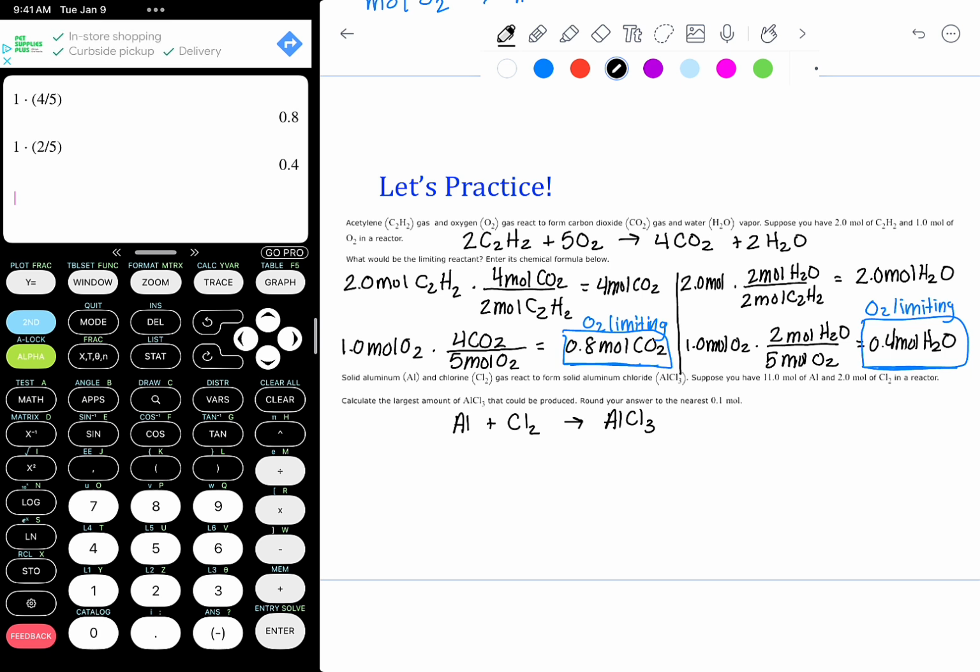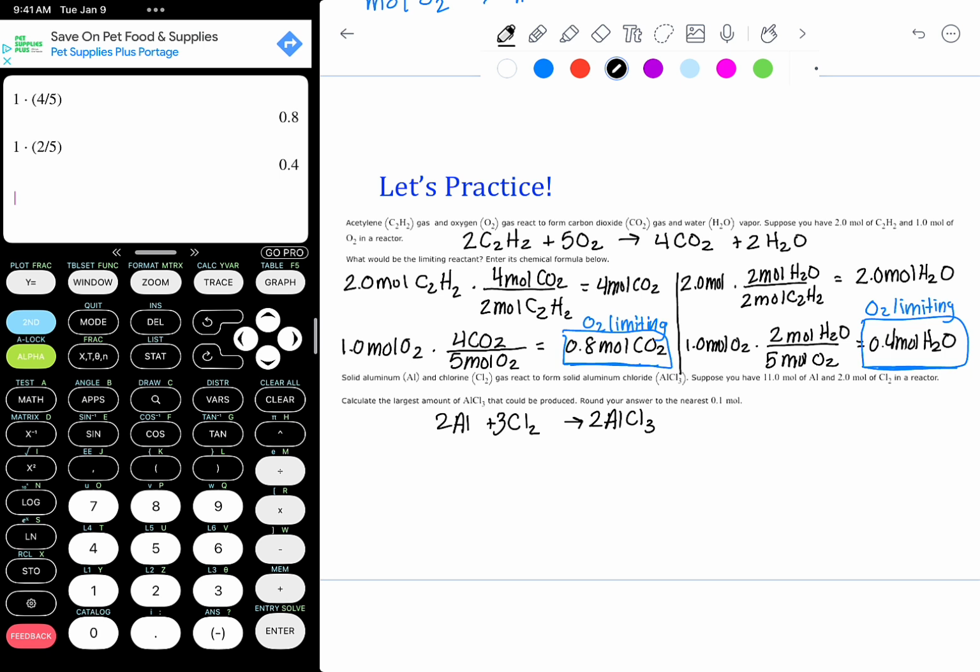To quickly balance this, we would put a 2 in front of the AlCl3 and a 3 in front of the Cl2 to balance out those chlorines. Okay, one has 2, the other has 3. Since there's nothing easy to balance there, we're just going to multiply by those values to get 6. And because we added a 2 in front of the aluminum on the product side, we're going to put a 2 in front of the aluminum on the reactant side.